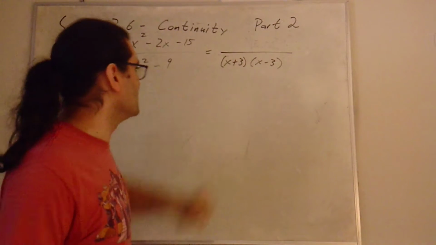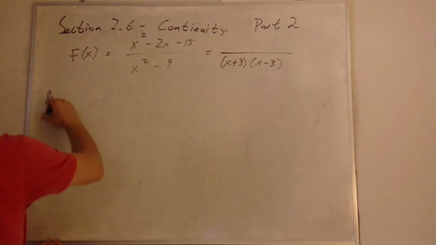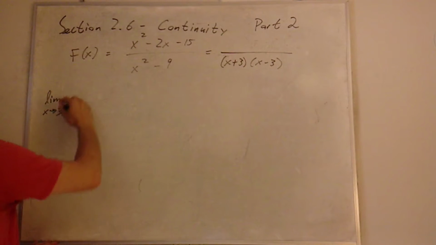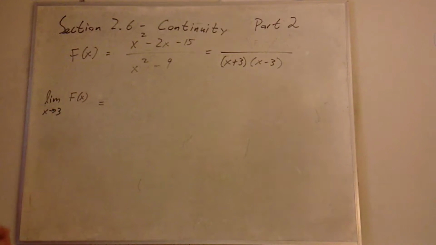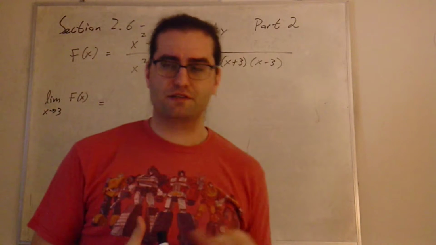So let's explore these. I want the limit as x approaches, let's start with 3. The limit as x approaches 3 of f of x. So like I said, we're going to explore this continuity by talking about the limits.